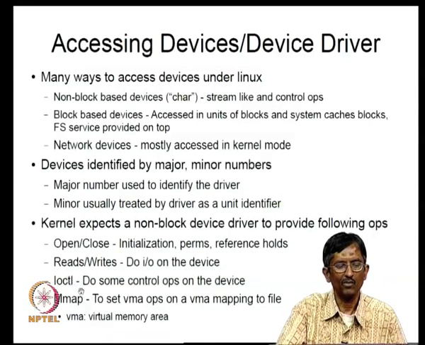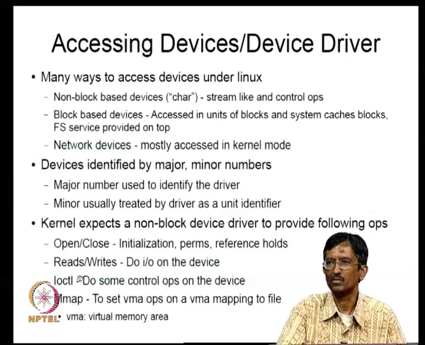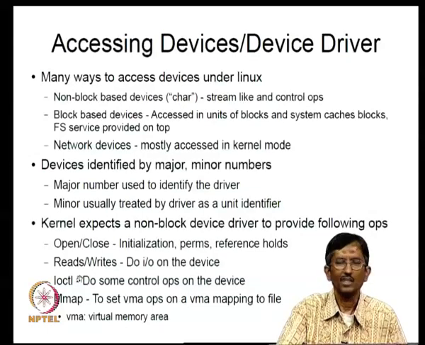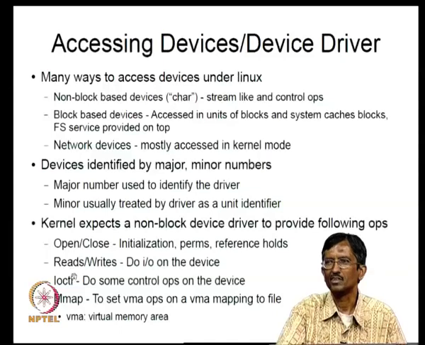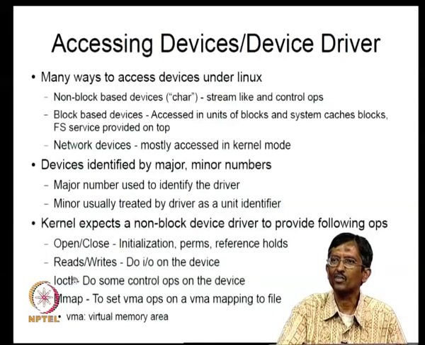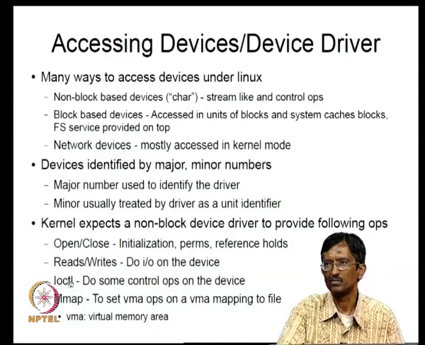Somebody might want to do something slightly non-standard with the device. Let us say the block size on a particular tape is something, and you want to change it to something else. I am just giving a random example. I/O-CTL may be used to configure that; essentially, you can use it for configuring the device.